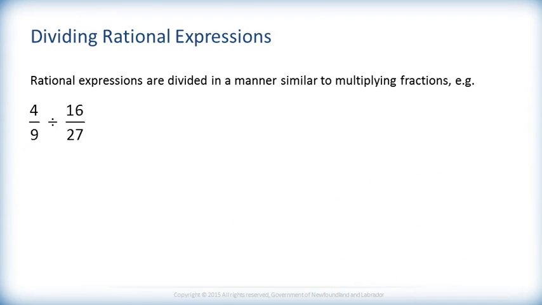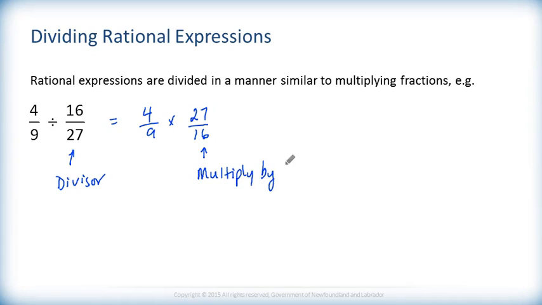Now, dividing rational expressions is like dividing fractions. We multiply by the reciprocal. That's at least one way to do it. Your book does offer another way, but I'm going to stick with multiplying by the reciprocal of the divisor. The second fraction is called your divisor, and we multiply by the reciprocal.